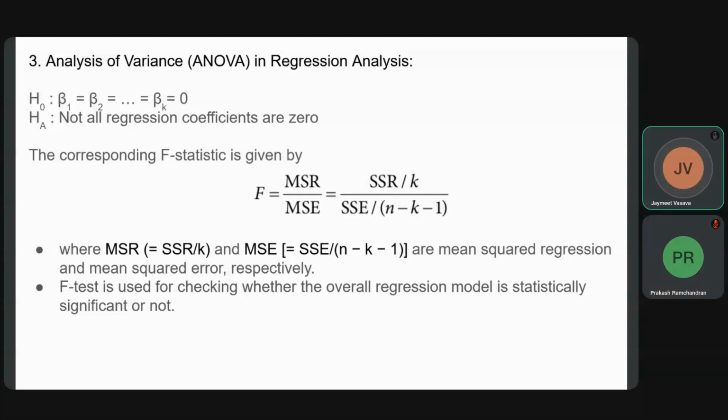Further, MSR and MSE will be substituted by SSR by K and SSE by N minus K minus 1. So the F-test is used for checking whether the overall regression model is statistically significant or not.